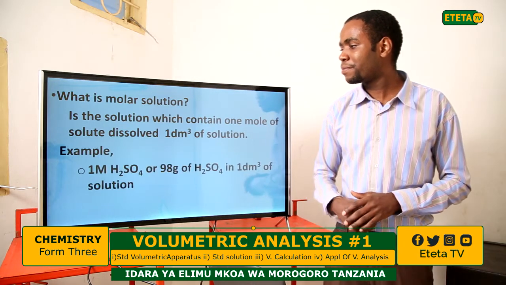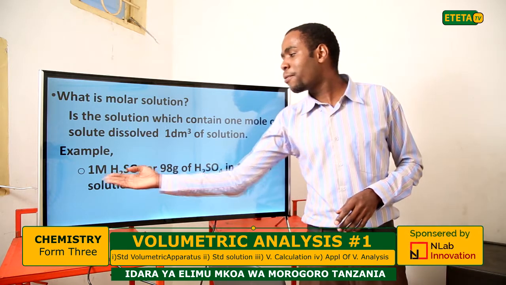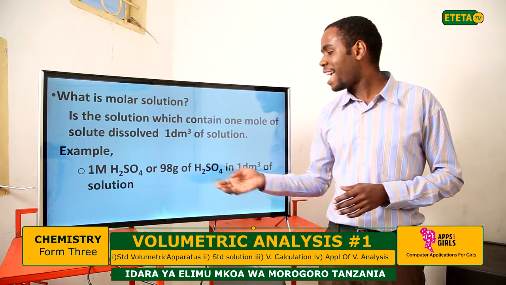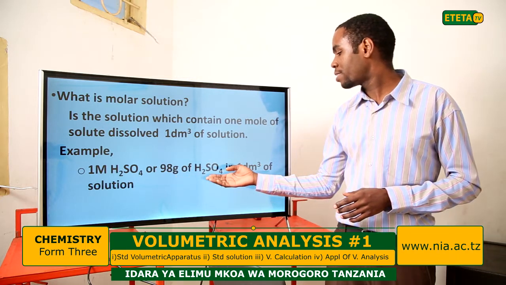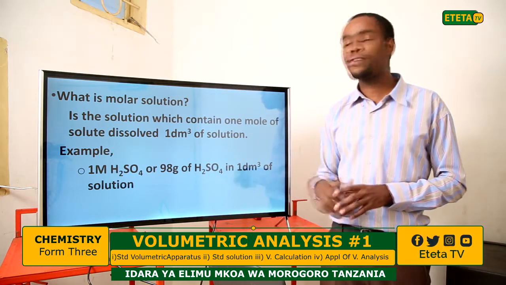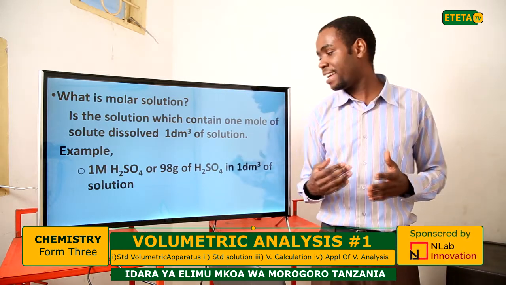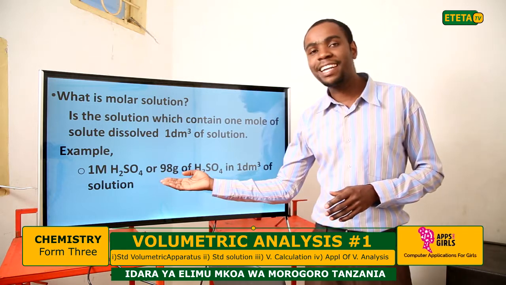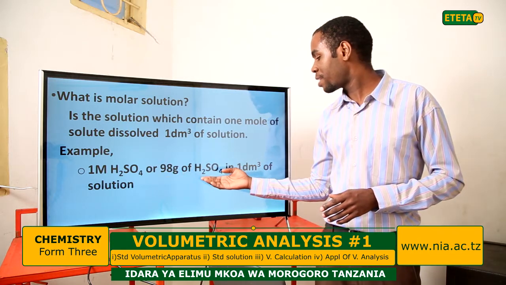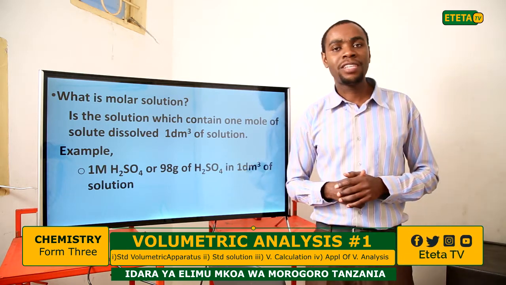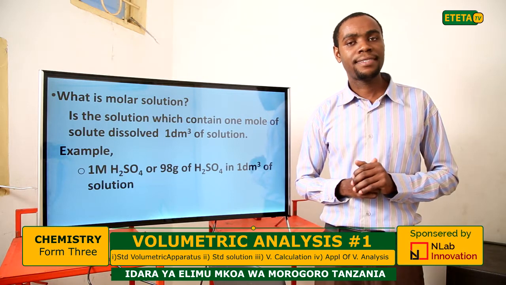For example, when I say 1 molarity of sulfuric acid, or 98 grams of sulfuric acid in 1 decimeter cube, because the molar mass of sulfuric acid is 98 grams per mole, once you dissolve 98 grams of sulfuric acid in 1 decimeter cube, this is a molar solution of sulfuric acid.